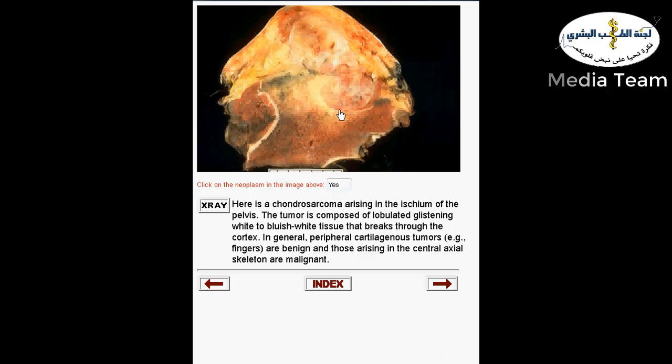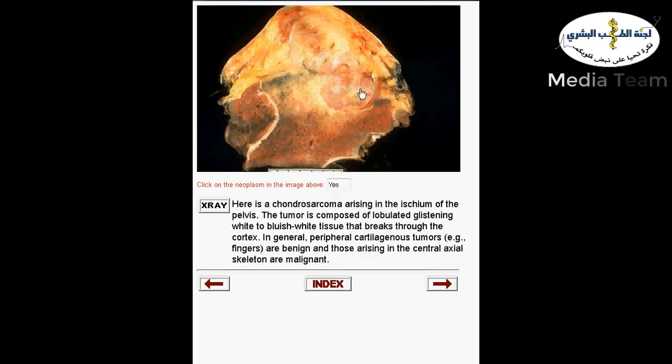Most of the time, chondrosarcomas look grossly like a lobulated tumor. So somehow circumscribed but lobulated, with a lot of lobules. And they appear grossly white to gray in color. Why white to gray? Because cartilage, when it's deposited, looks white to gray in color, and sometimes myxoidish in appearance.